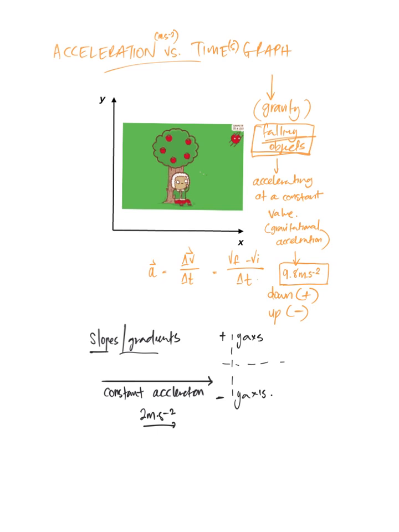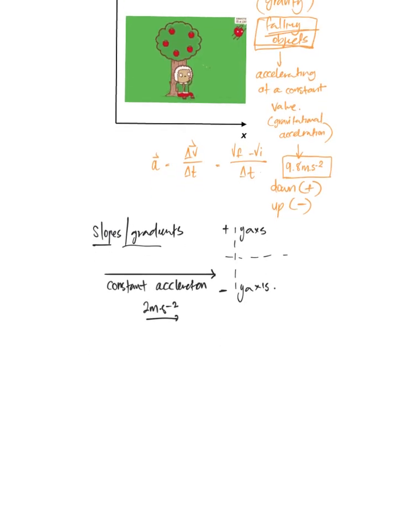Right? The second thing we look at is the other two types of gradients that you may get. The first kind of gradient that you may get will look like this. The other kind of gradient may look like that. So this one that's going up here, that's a positive acceleration.